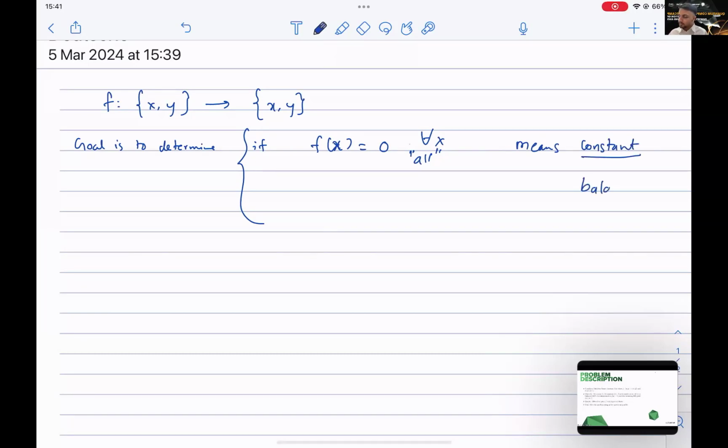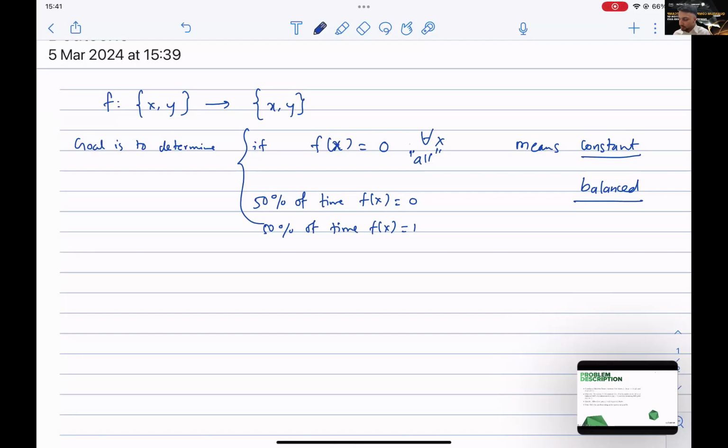And then balanced. Balanced means that for 50% of the inputs f(x) is 0, and the rest of the time f(x) is 1.